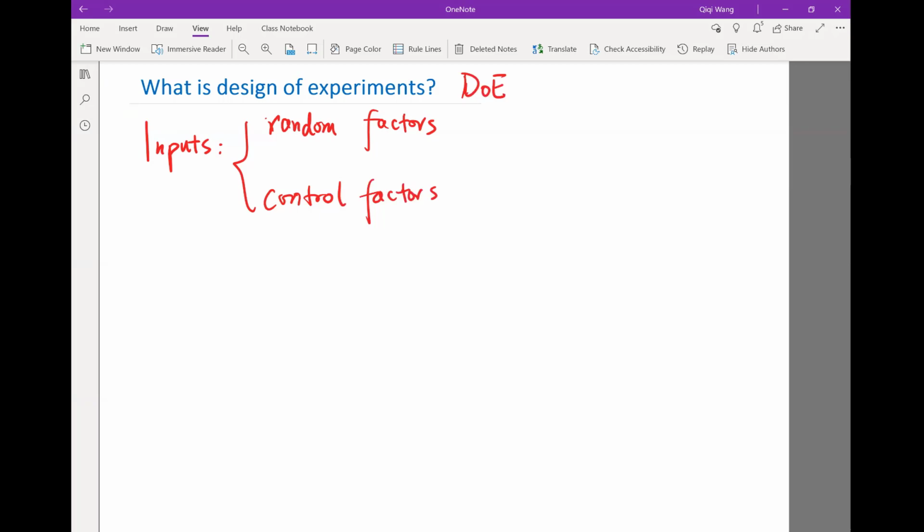Right. So the DOE wants to figure out how outputs depend on the inputs.